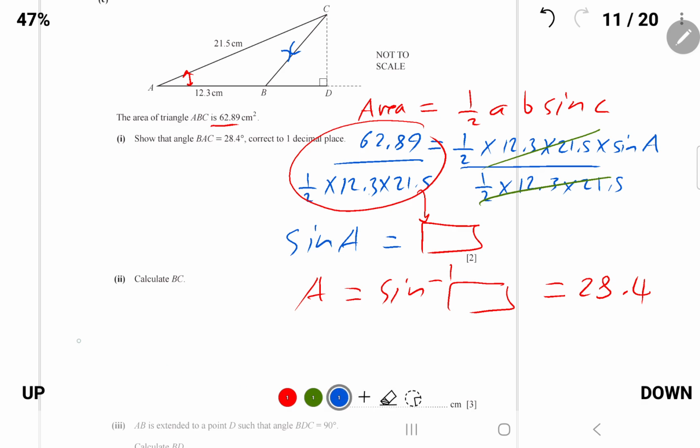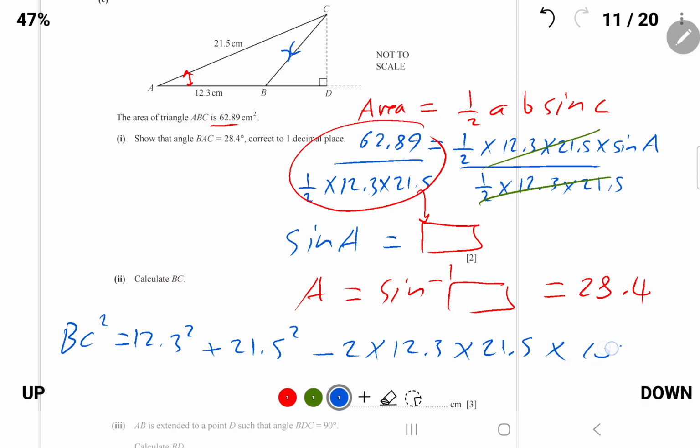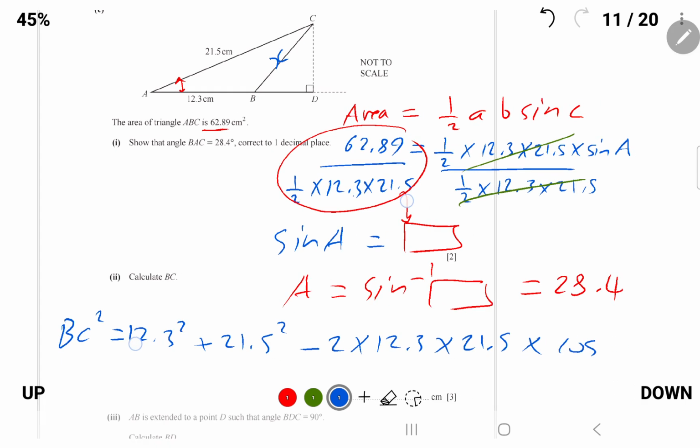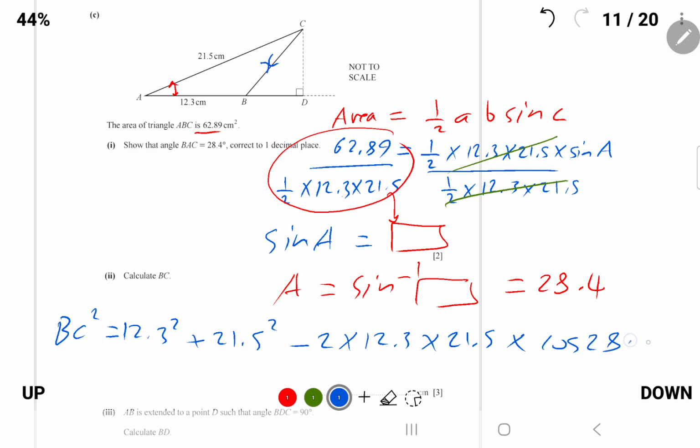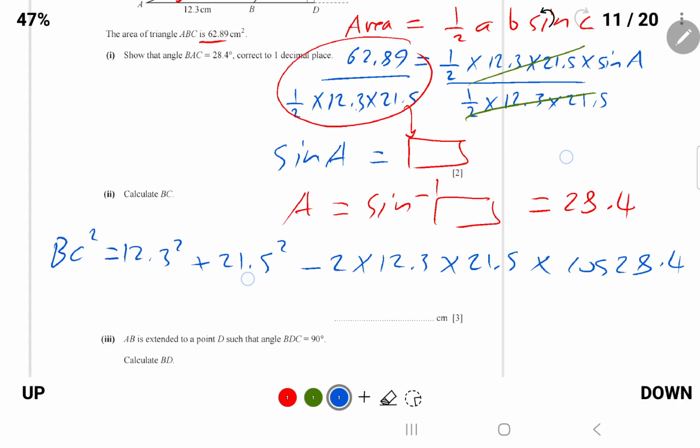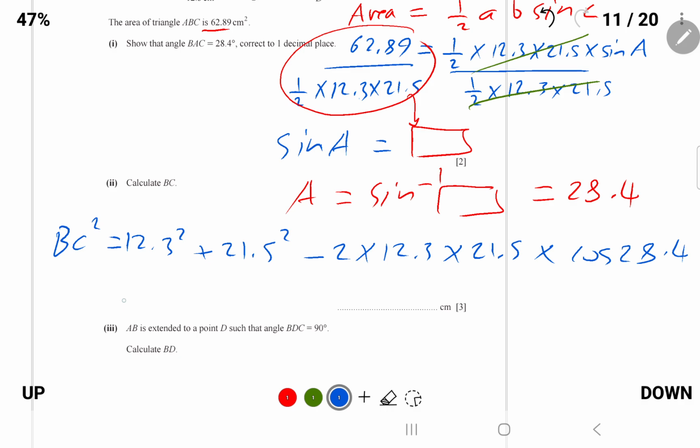So here we say BC squared is equal to 12.3 squared plus 21.5 squared minus 2 times 12.3 times 21.5 times cosine the angle that we got in the previous question, 28.4. Now if you put all of them on the calculator and then you do square root, you get BC is equal to 12.2, and that is the answer.